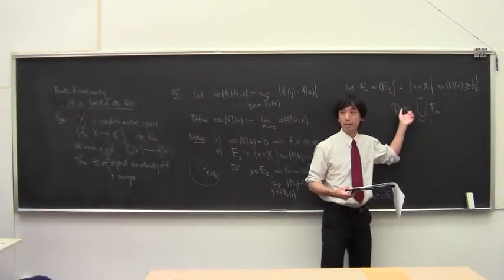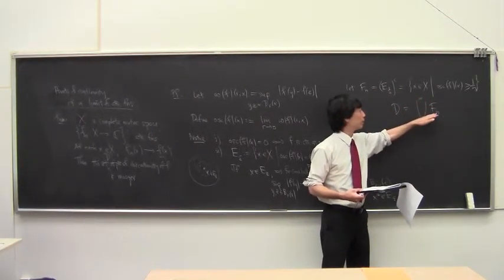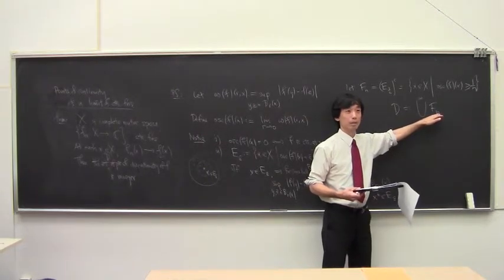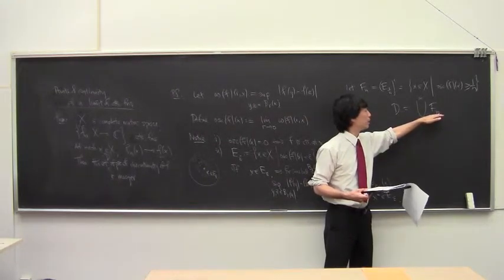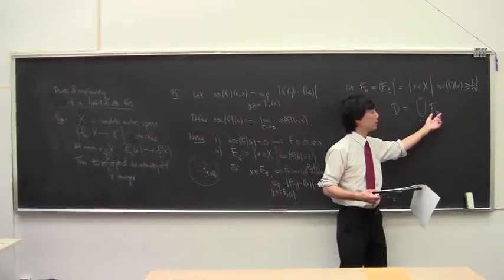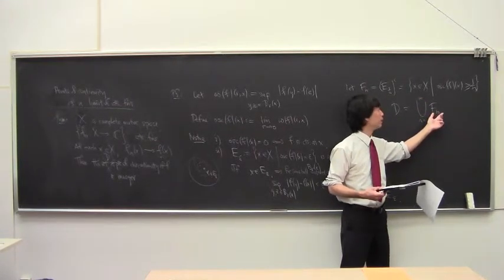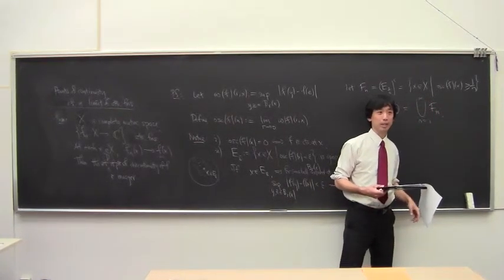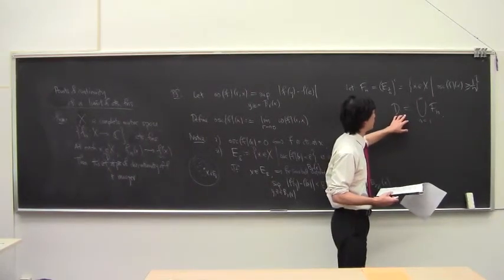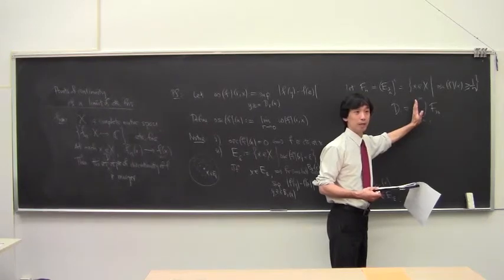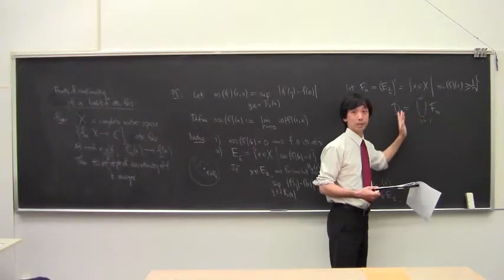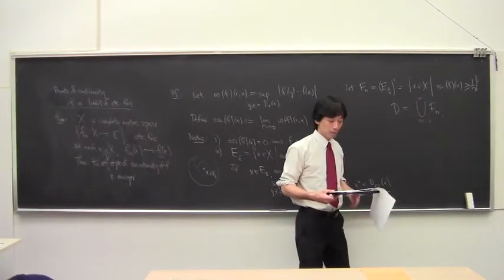If you're a point of discontinuity, at some point, as n gets big enough, you're going to be trapped in that F sub n. Okay? And so this gives us a way of expressing D as a union of sets.